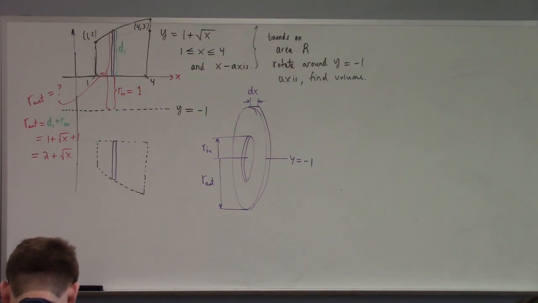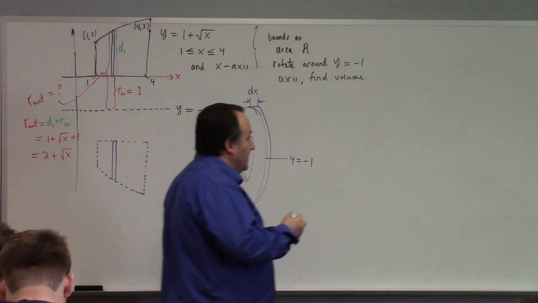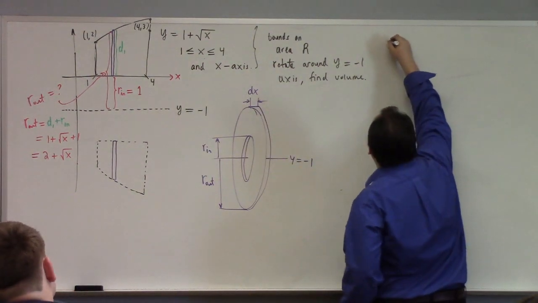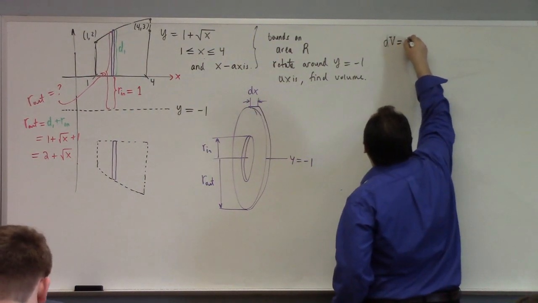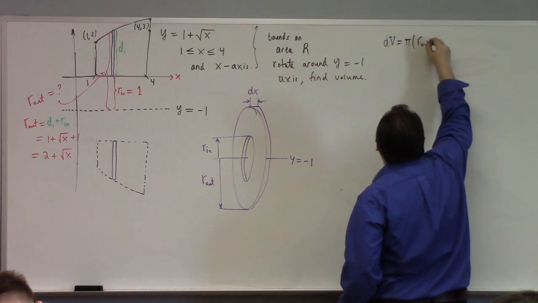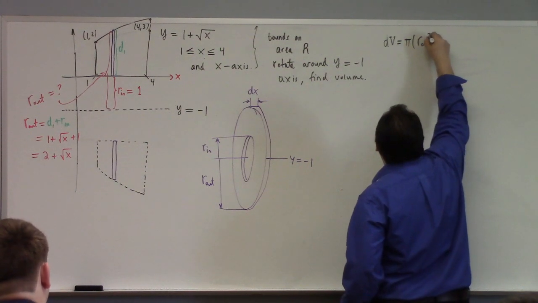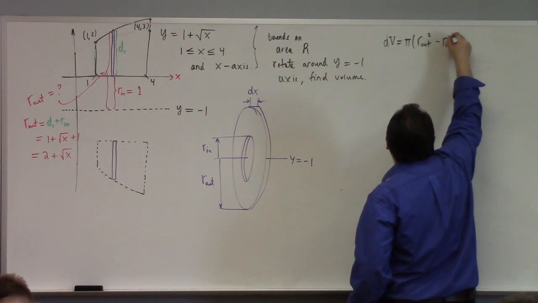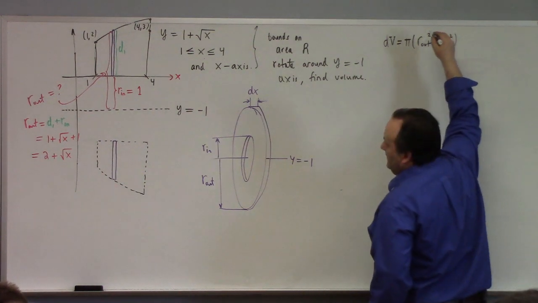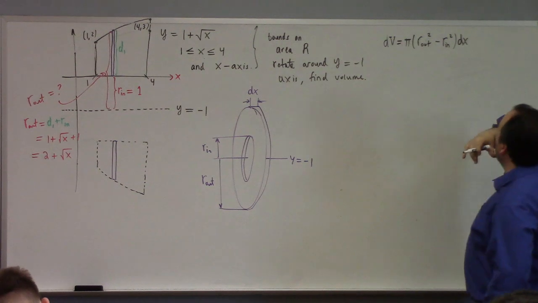Let's work it out. So we got dV is pi times r out squared minus r in squared times the thickness, which here is dx, right?